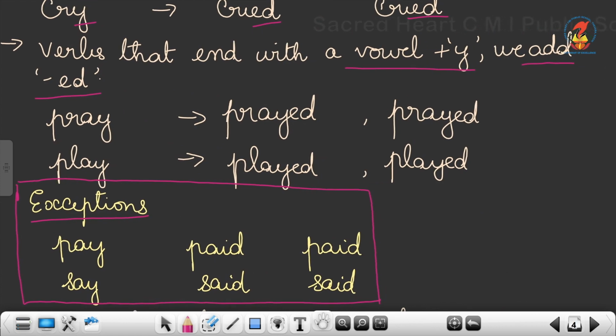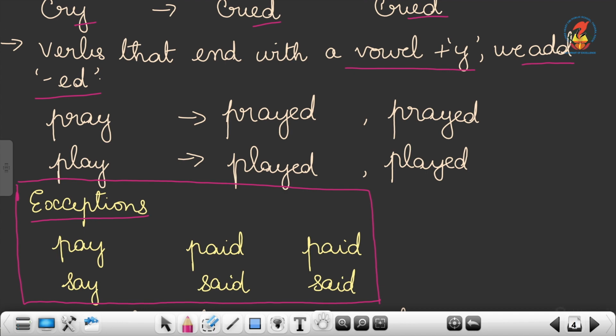Now the next type is, we learnt about verbs that end with a consonant and y. Now next is verbs that end with a vowel and y. How do we write these verbs in past form and past participle form? If the verb ends with a vowel plus y, then we add ed to the verb to make it past and past participle form.